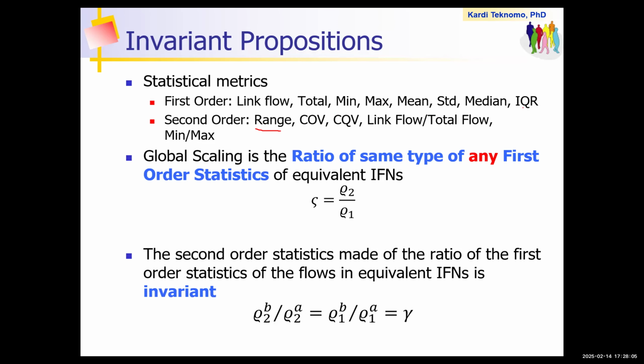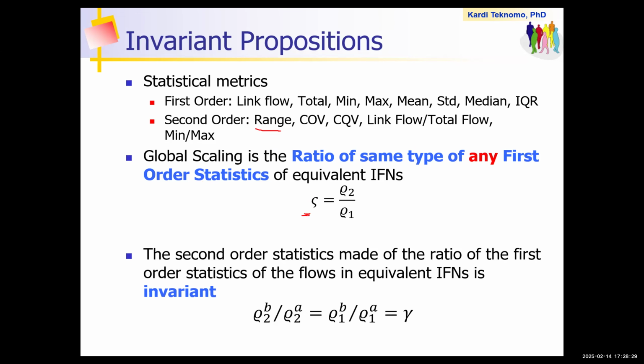This one is IQR divided by median. So any statistic that comes from first order, say any ratio of that, is called a second order statistic. Now, the global scaling is actually the ratio of the same type of any first order statistic.